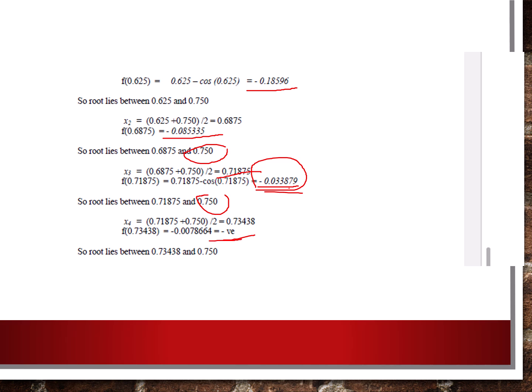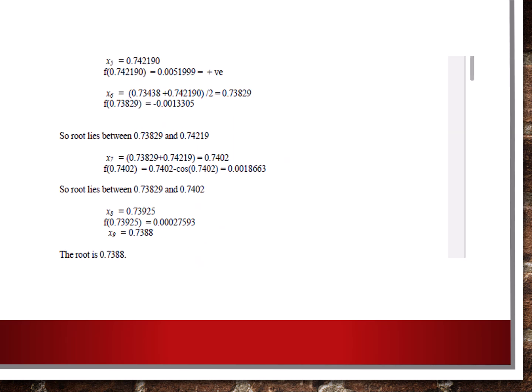So that the root lies between 0.73438, the x4 value, and the x naught value. Then x5 equal to 0.74219. Apply to the function.